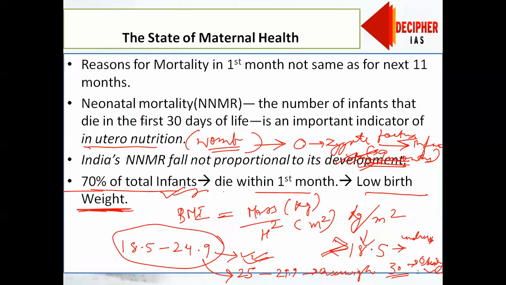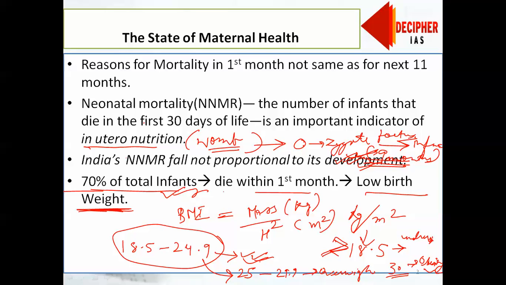And women who begin pregnancy too thin, that is, with too little weight, or who don't gain enough weight during pregnancy, are far more likely to have very low weight babies, which die in the first month or within the first few days itself, because the woman has not been nourished properly.